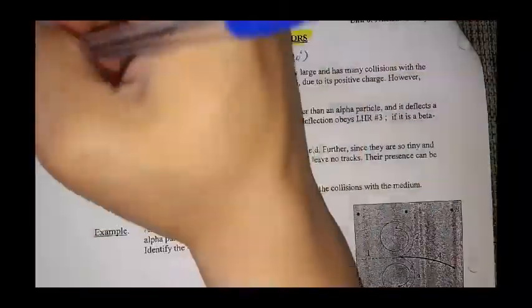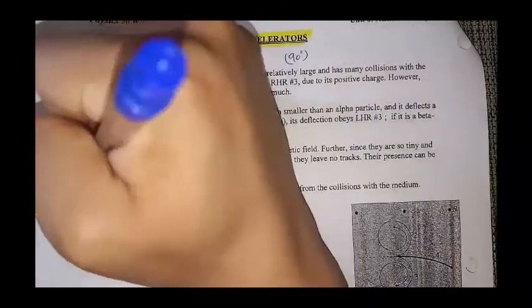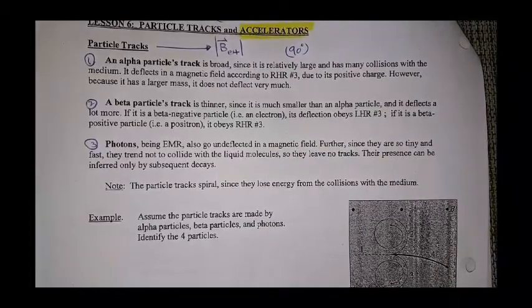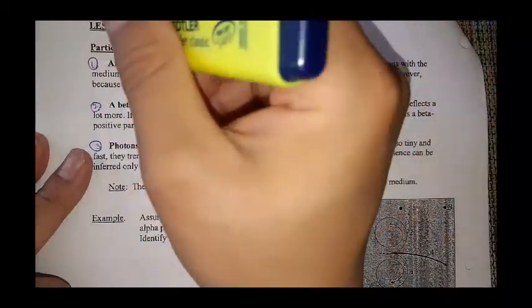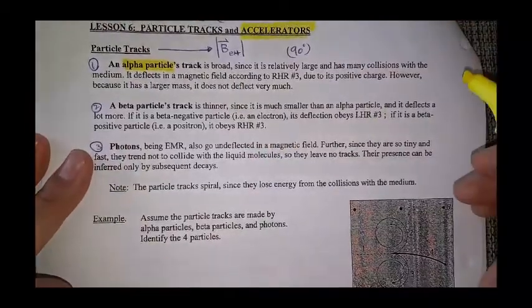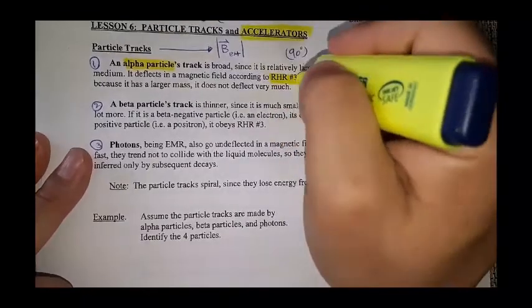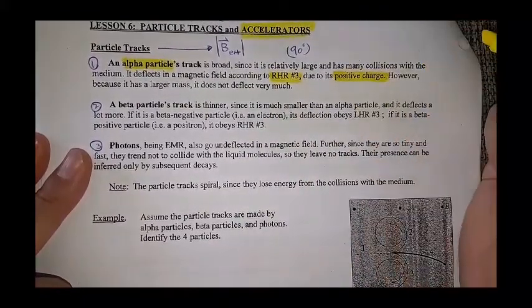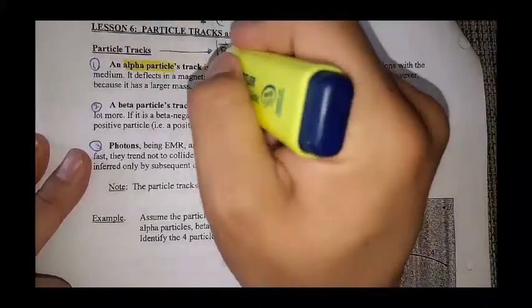So let's go through three different type of emission and how particle track should show you. Alpha particle. Alpha particle has to have right hand rule number 3 to find out because of its positive charge. And the track is a broad circle.